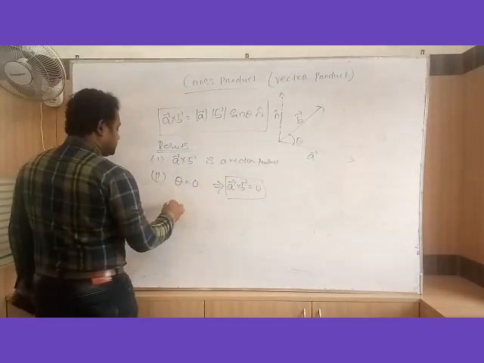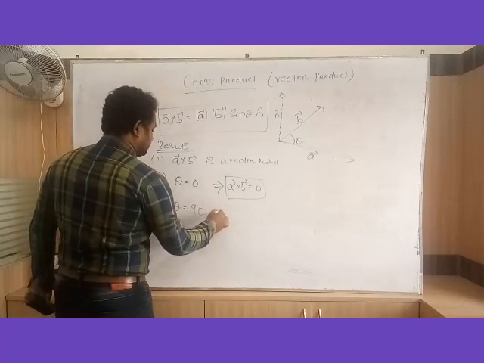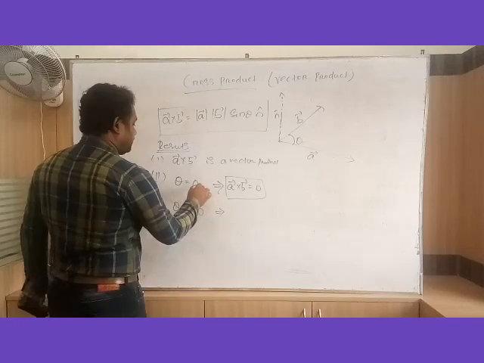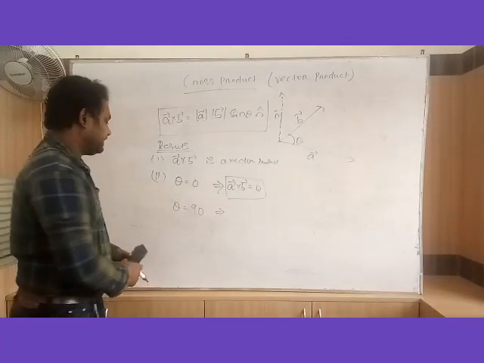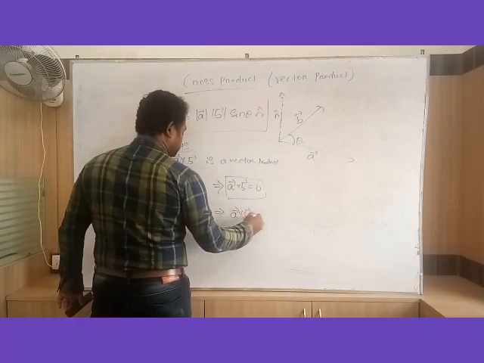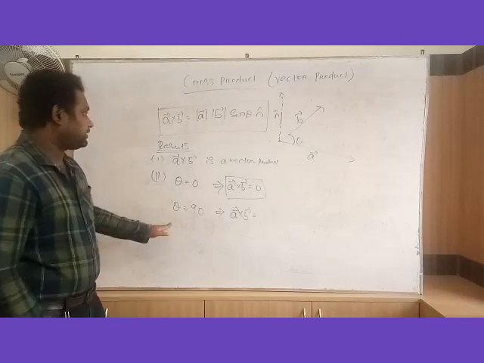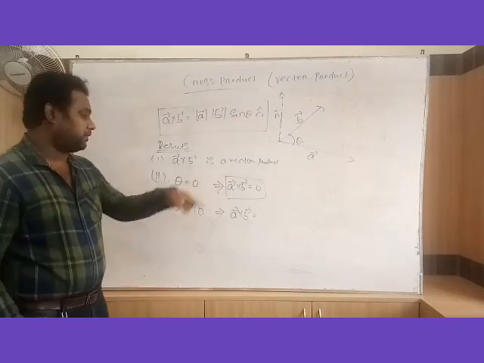If theta equals 90 degree, then sin 90 is 1.